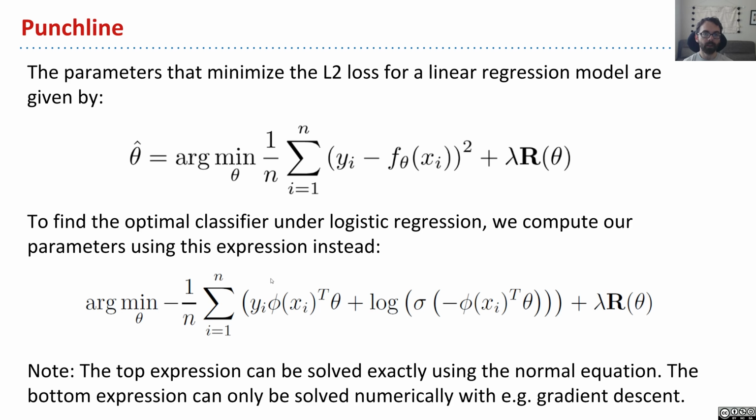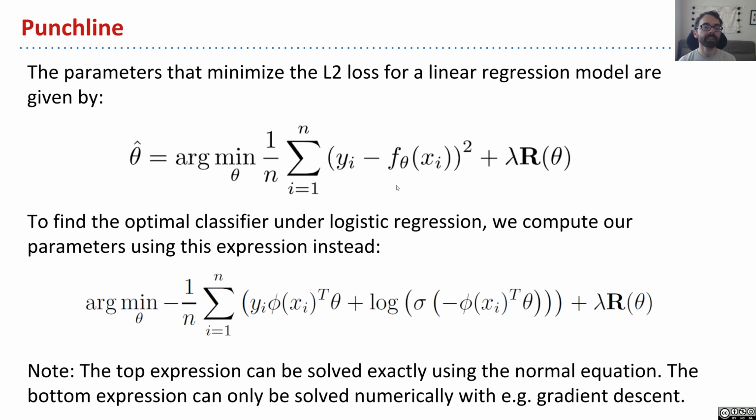Okay. So to summarize this entire couple of lectures, which I think was the most mathematically challenging of the whole semester: in linear regression, we wanted to find the theta that minimizes this expression.